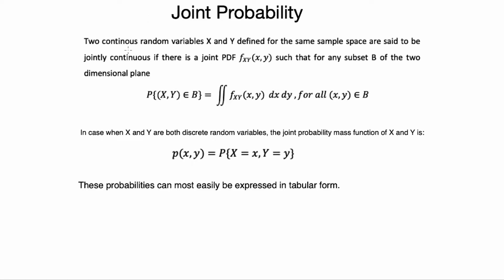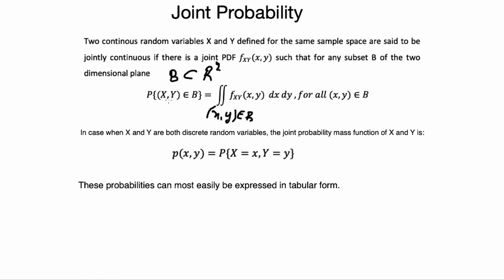We say that two continuous random variables X and Y are jointly continuous if there is a joint PDF denoted by f_XY such that for any subset B of the two-dimensional plane, any subset B of R^2, the probability of (X, Y) in B is the double integral over (x, y) in B of the joint PDF of X and Y, dx dy.